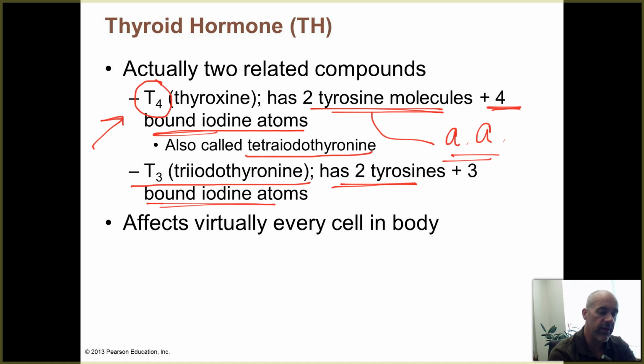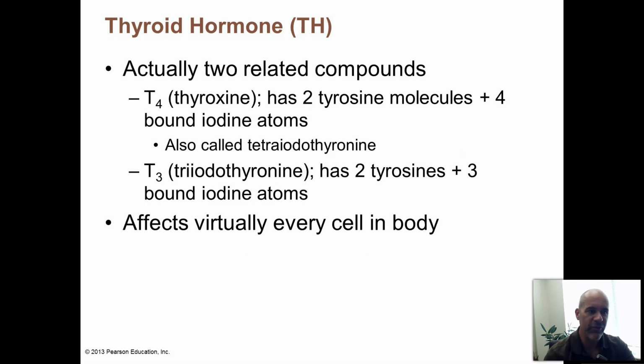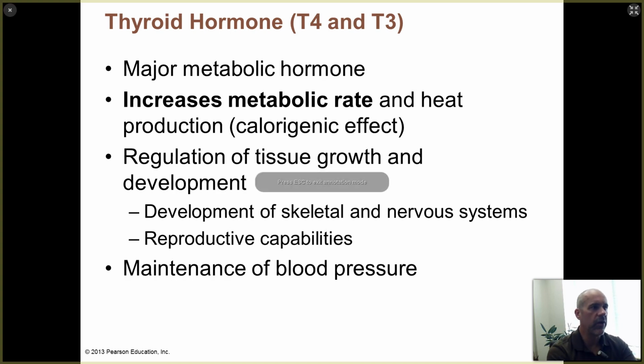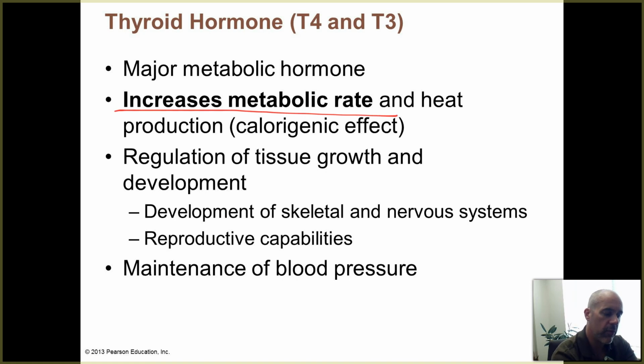T4 and T3 affect virtually every single cell in the body. They control metabolism, and since all of your cells have to metabolize, that's not a big surprise. These hormones increase your metabolic rate. More specifically, they increase cellular respiration.